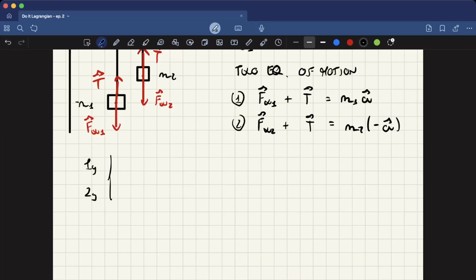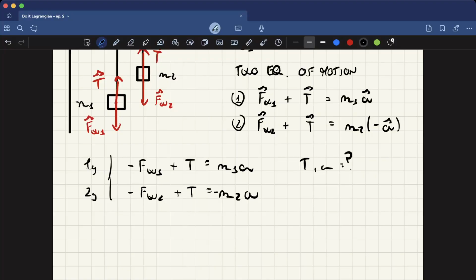Okay, now if we do our projection along the y-axis, we will have 1y and 2y equations, which are minus Fw1 plus T equal to M1 times A, and minus Fw2 plus T equal to minus M2 times A. Okay, and now what we have to do is to solve this problem for T and A, which are our wanted values.